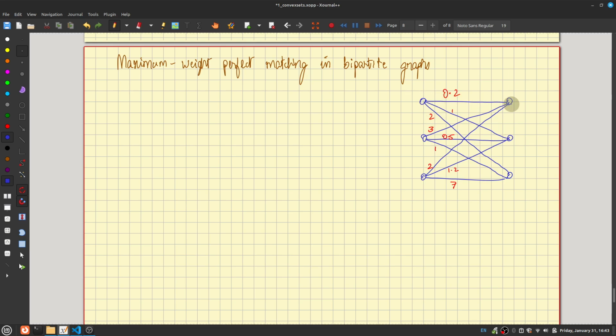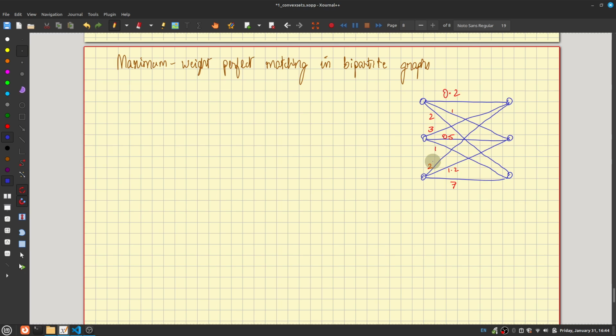There is no connection between vertices on the left, and no connection among vertices on the right. That's called a bipartite graph, and if every left vertex is connected to every right vertex, and vice versa, it is called a complete bipartite graph.